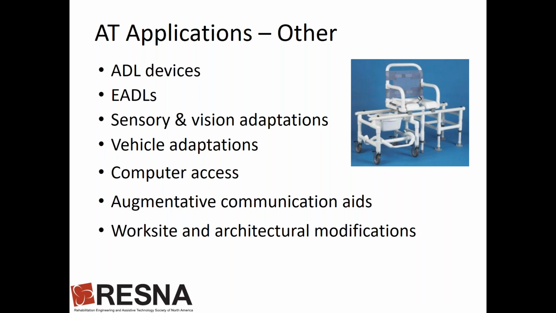So they may need some adaptations with computer access and worksite and architectural mods. Later in the disease process, if they have a very severe dysarthria, you can look at some of the alternate communication methods.